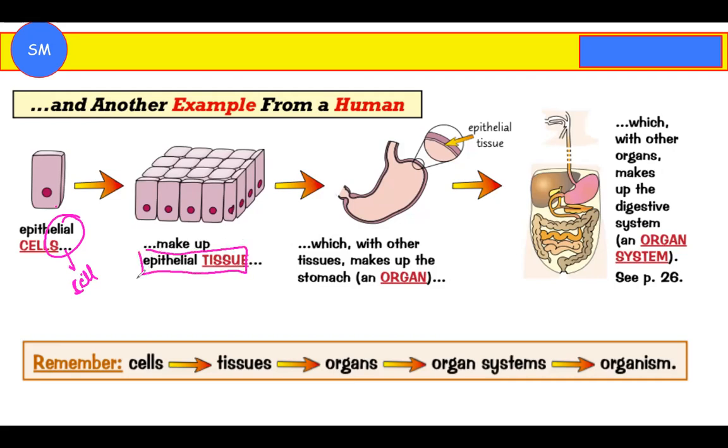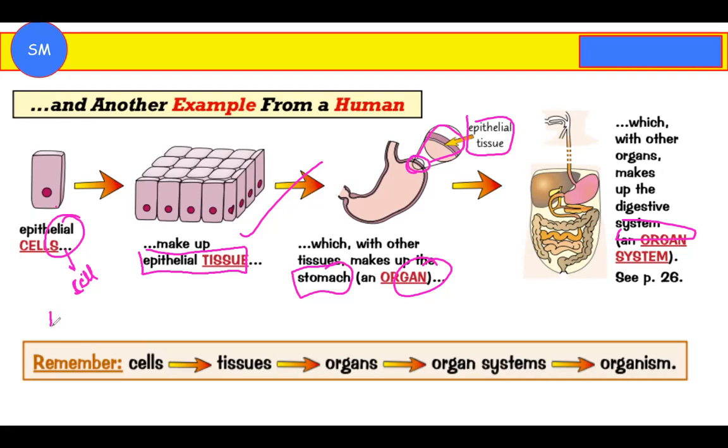And the other tissues combine together to make up an organ, and in this case, it's a stomach. So when you enlarge this portion, or see it under a microscope, you will find epithelial tissue here. And these organs combine together to form an organ system. I hope you get my point.